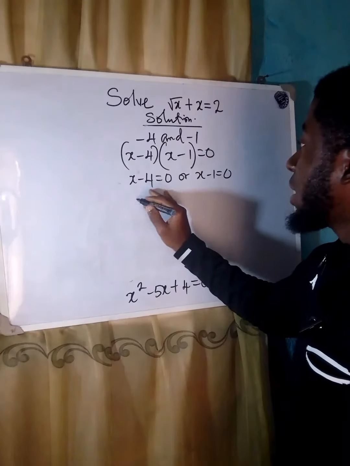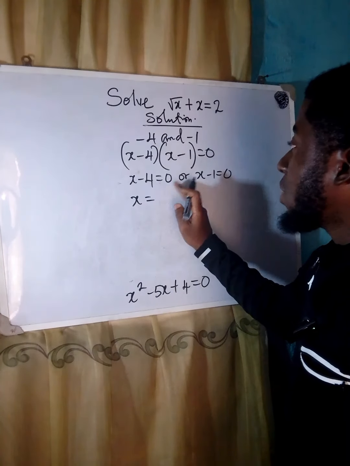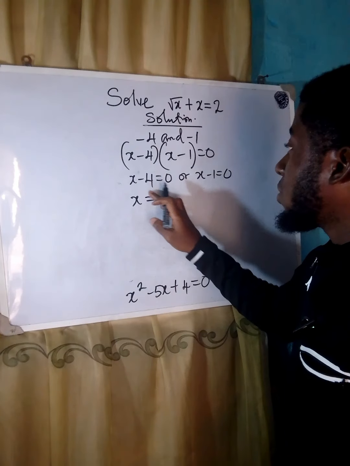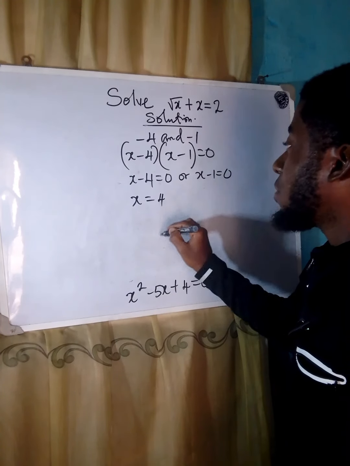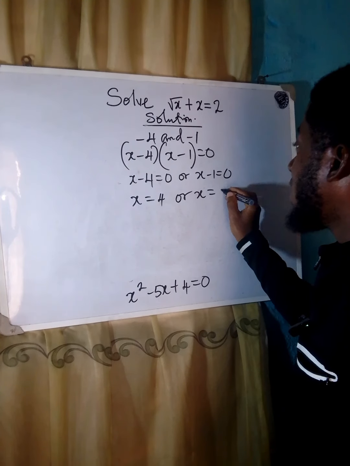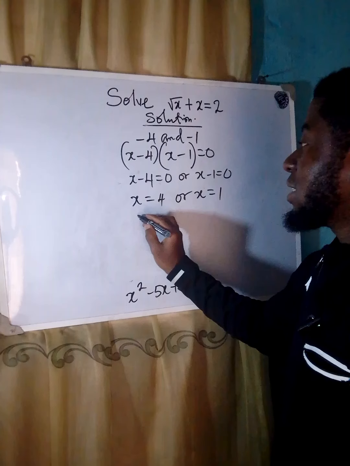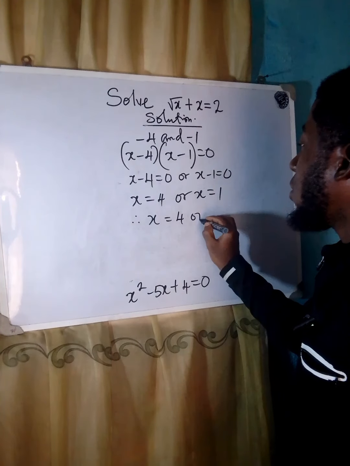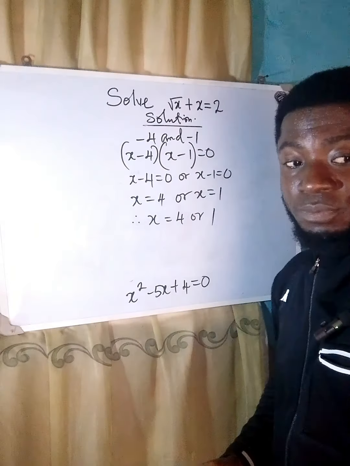So now from here, our x will be 0 plus 4, which gives 4. Or x on this side will be 0 plus 1, and that will be 1. Therefore, our x is equal to 4 or positive 1.